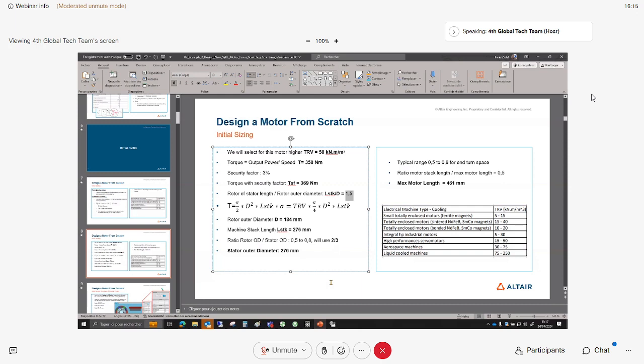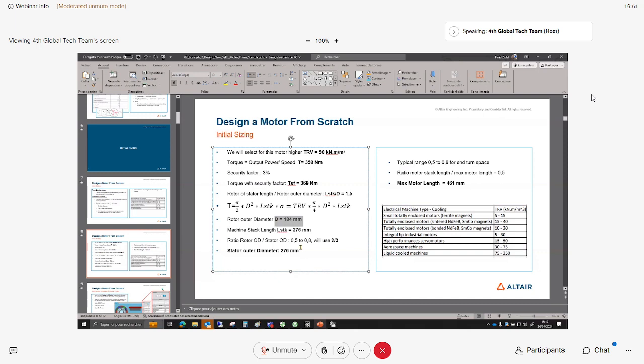If I put the diameter as the unknown, I just have to put in this ratio and I have a simple equation. When I solve it, I get a diameter equal to 184, sorry, and the length of this machine is about 276. So D here is the outer diameter of the rotor, right?